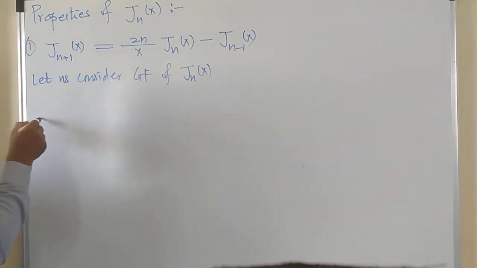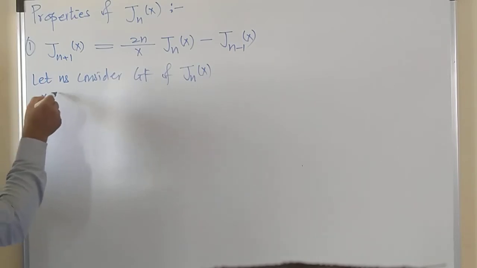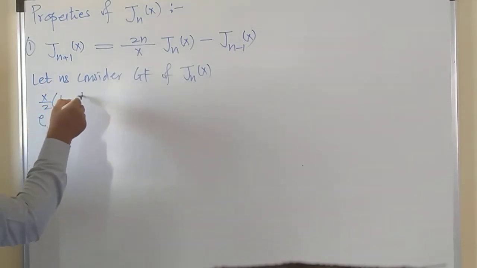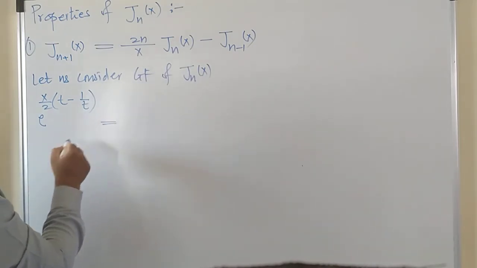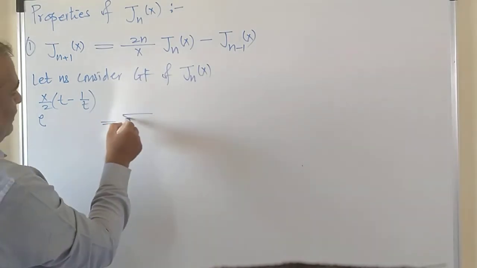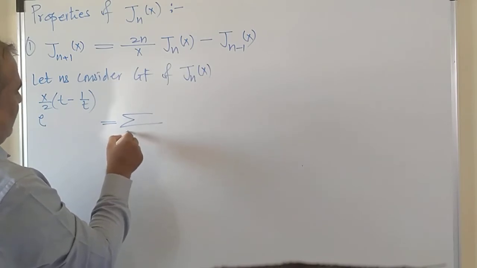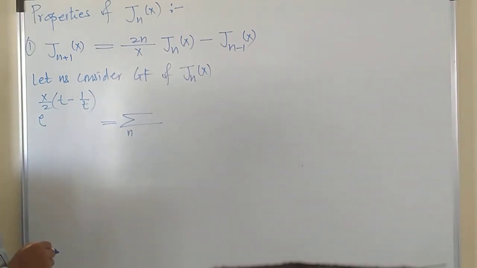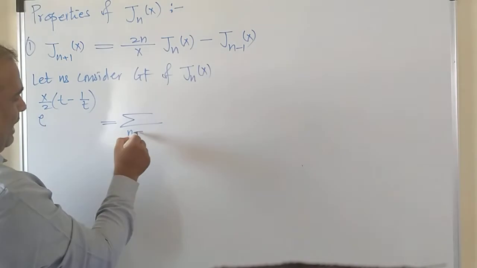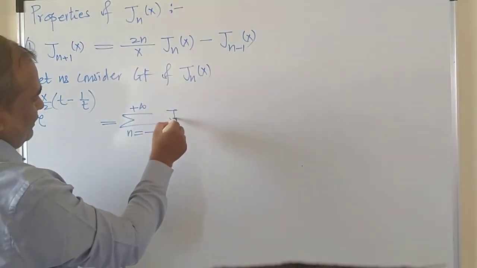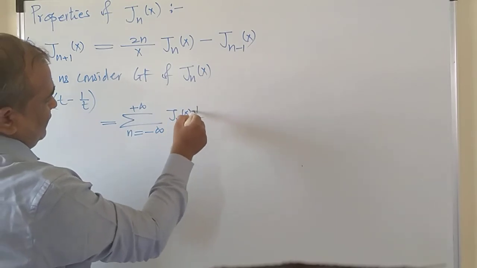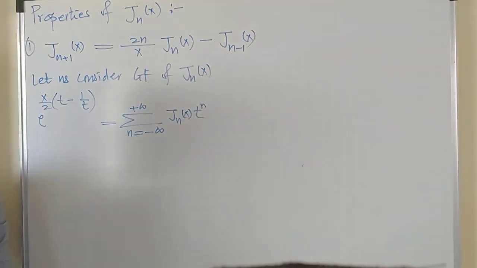The generating function is e raised to x by 2 into t minus 1 by t, and this is equal to summation n runs from minus infinity to plus infinity Jn of x t raised to power n.